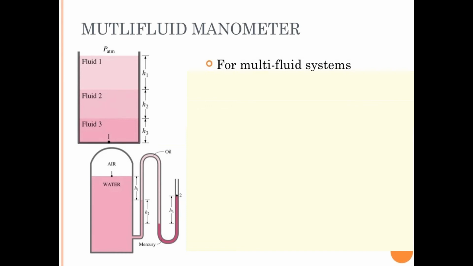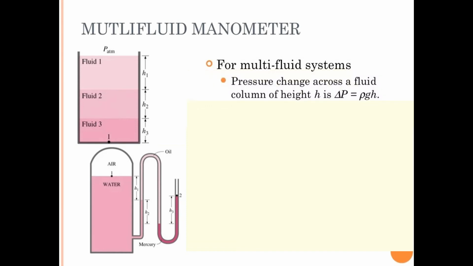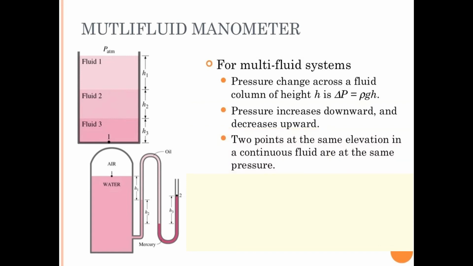For multi-fluid systems, the pressure change across a fluid column of height h is delta P equal to rho G H, or gamma H. Pressure increases downward and decreases upward. Two points at the same elevation in a continuous fluid are at the same pressure.